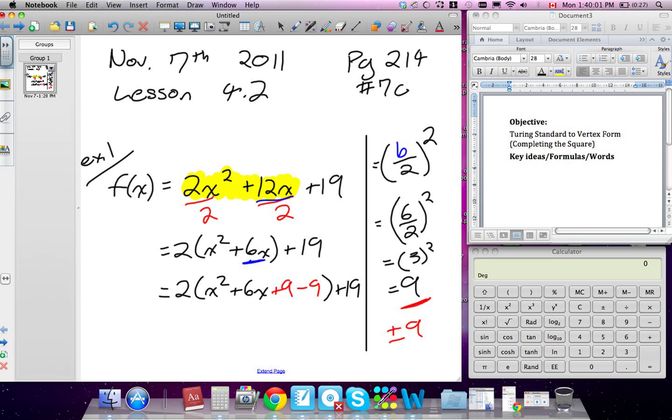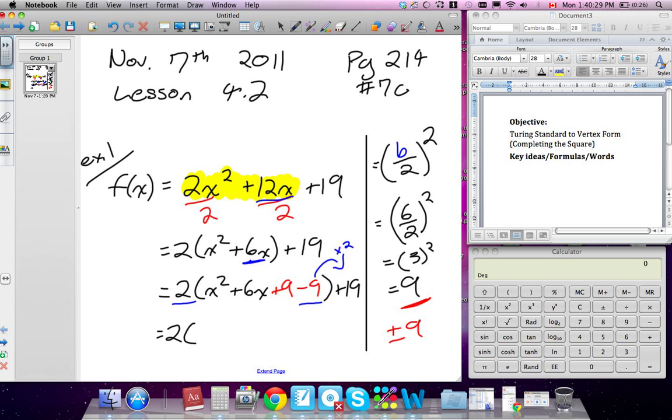Okay? So I then take my negative number, which is negative 9, and I have to take it to the outside of the brackets. In order to do that, I have to multiply it by the term in front of the brackets, so that number 2. So when I take 9 to the outside, it has to be multiplied by the number 2, whatever was in front of the brackets. It happens to be 2 in this case.